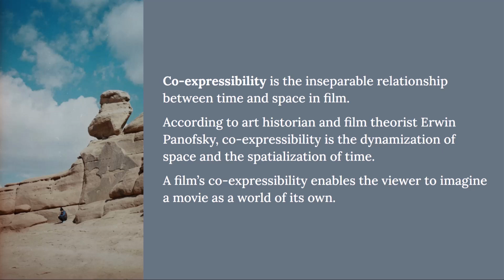When a viewer watches a movie, that viewer understands that whatever is featured on screen exists within a specific time and space, and that those two factors are dependent on one another. Art historian and film theorist Erwin Panofsky described this phenomenon as the dynamization of space and the spatialization of time. But put simply, a film's co-expressibility enables the viewer to imagine a movie as a world of its own.